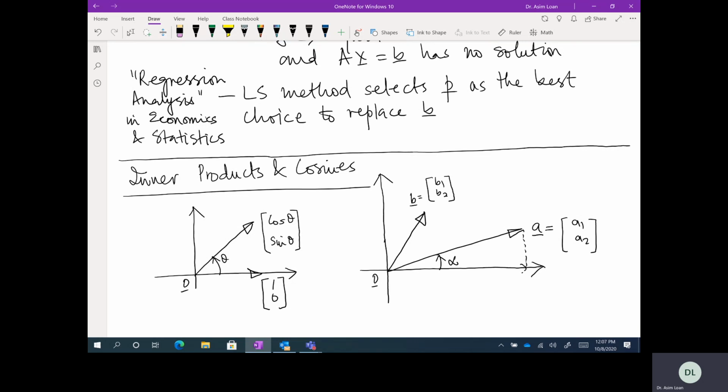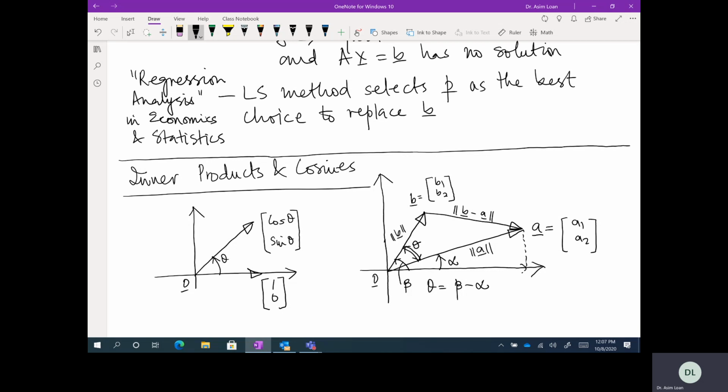This length is the norm of A, this length is the norm of B, and then we have a vector from here to here, which is B minus A or A minus B, doesn't make a difference. This angle is beta, and the angle between the two is theta. So theta is beta minus alpha.